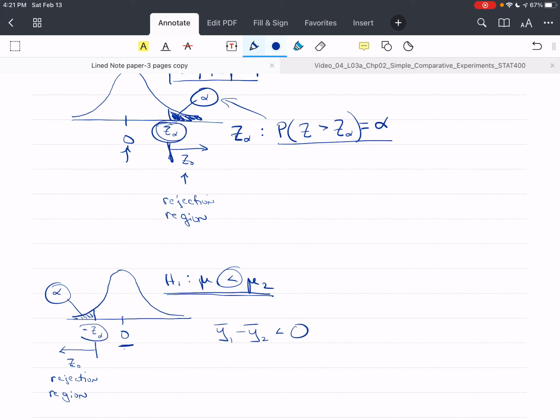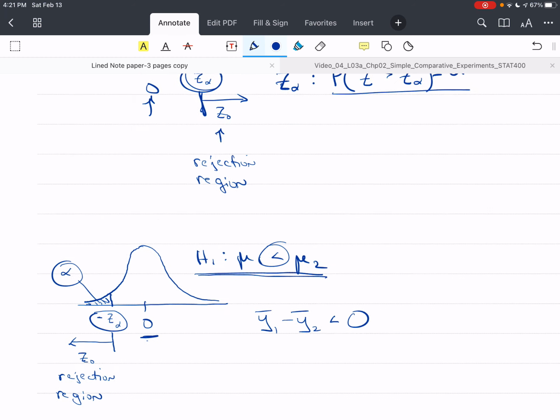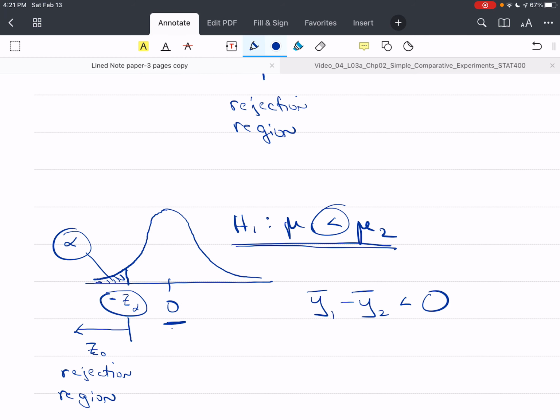So here we would need the negative of the critical value. So we'd have negative z sub alpha. And if z naught is as extreme or more extreme than z sub alpha, if it's in this region here of less than negative z sub alpha, then we're going to reject. So this is the rejection region.